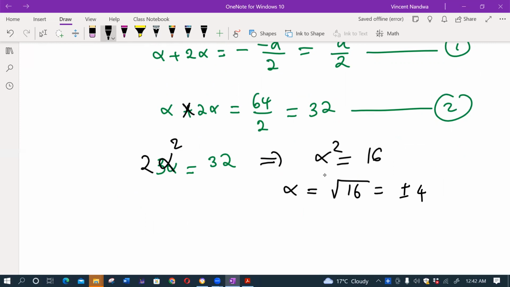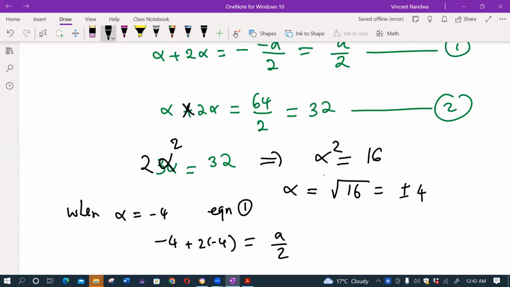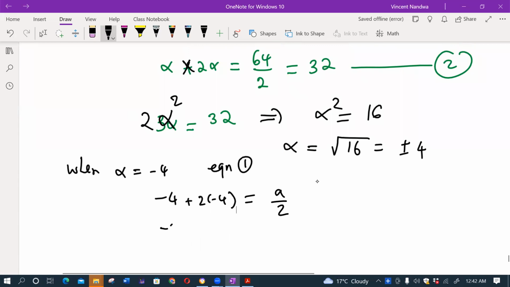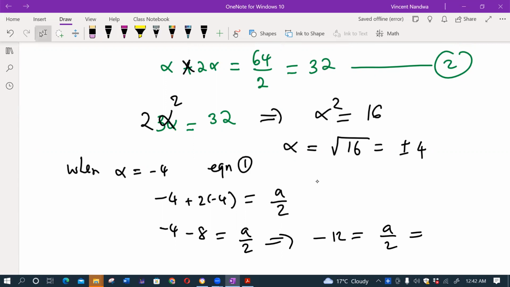So when alpha is minus 4, from equation 1, we'll have minus 4 plus 2 times minus 4 equals a over 2. So this is minus 4 minus 8 equals a over 2. This means minus 12 equals a over 2, which means a will be minus 24.